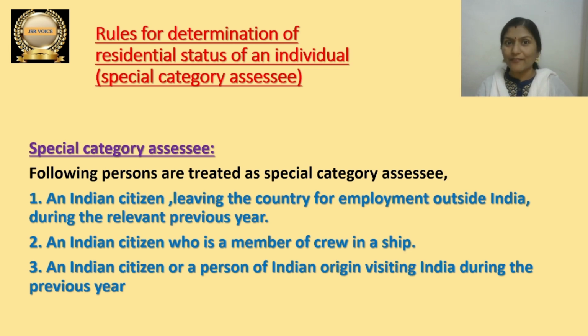But for our problem, Mr. Raj Kapoor is satisfying the first one, so we can treat him as a special category assessee. Any one out of these three is treated as a special category assessee.